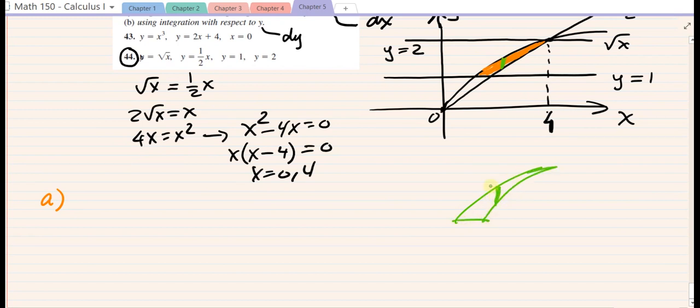With vertical rectangles, the upper function is given by square root of x. The lower one is given by the line, 1/2 x. So in part A, the area is going to be, and the limits of integration, by the way, I've got to be careful actually.